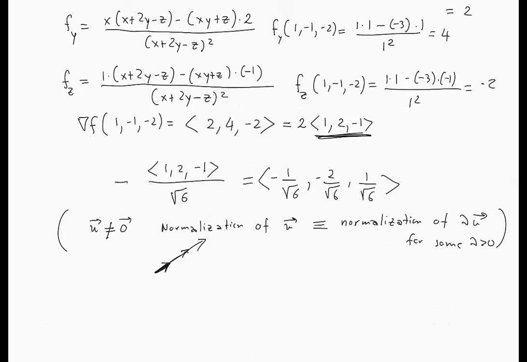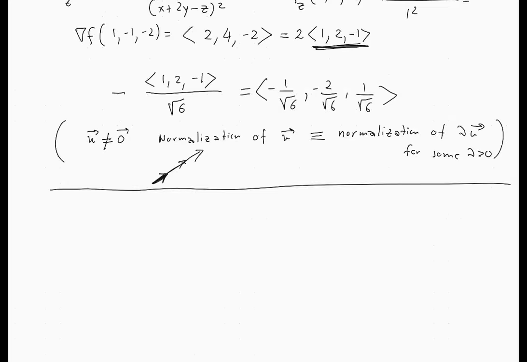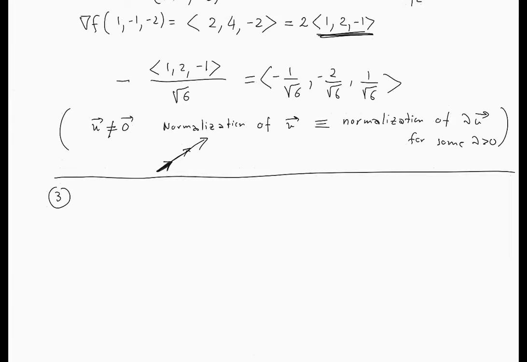Let's go to problem number 3 now, which says to find an equation for the tangent plane to the graph of f of xy is equal to x squared minus xy at the point 2, 1, 2.